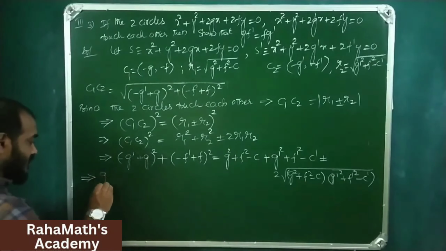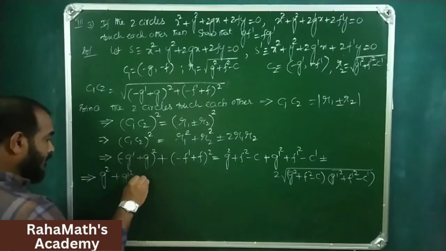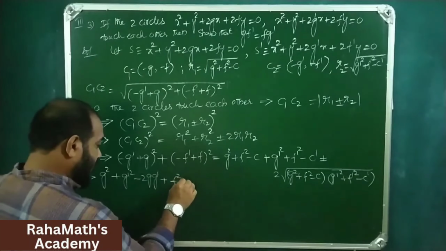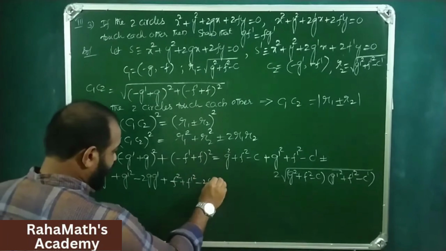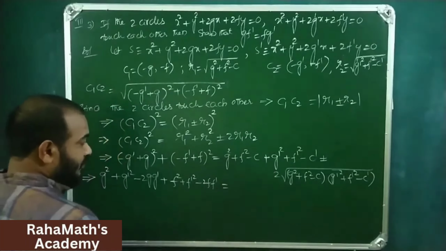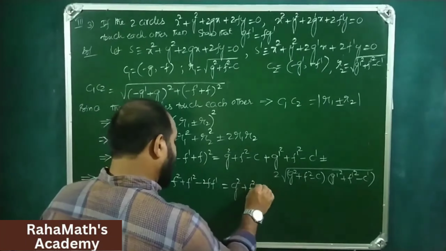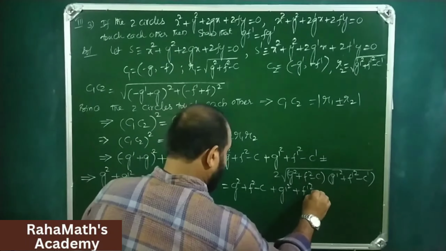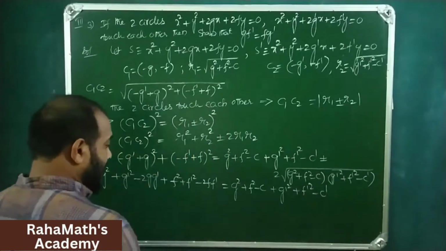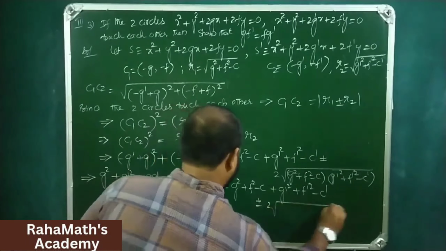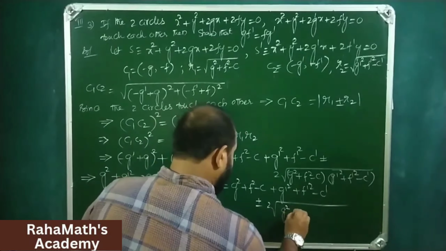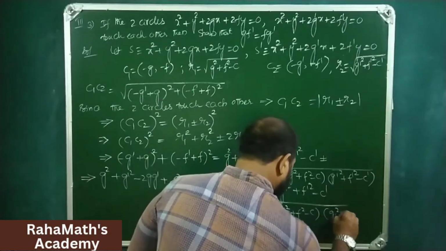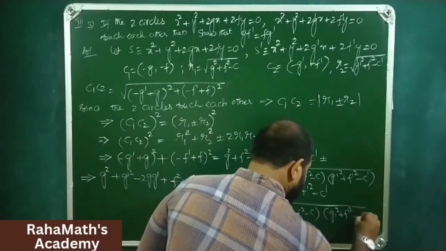So this is g square plus g dash square minus 2gg dash, plus f square plus f dash square minus 2ff dash, is equal to g square plus f square minus c plus g dash square plus f dash square minus c dash, plus or minus 2 root of g square plus f square minus c into g dash square plus f dash square minus c dash.